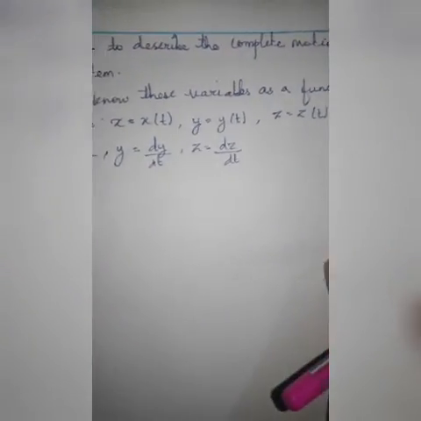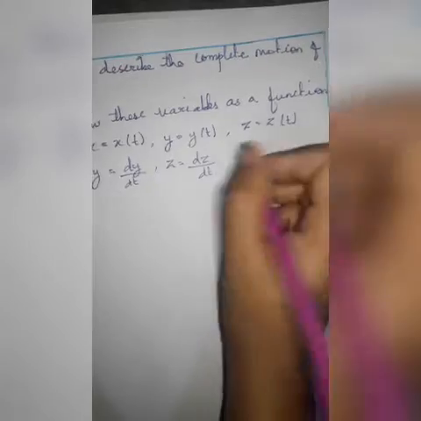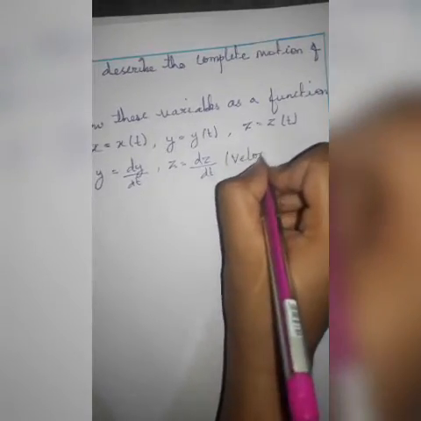By differentiating these three variables, we get dx/dt, dy/dt, and dz/dt, which are velocities.